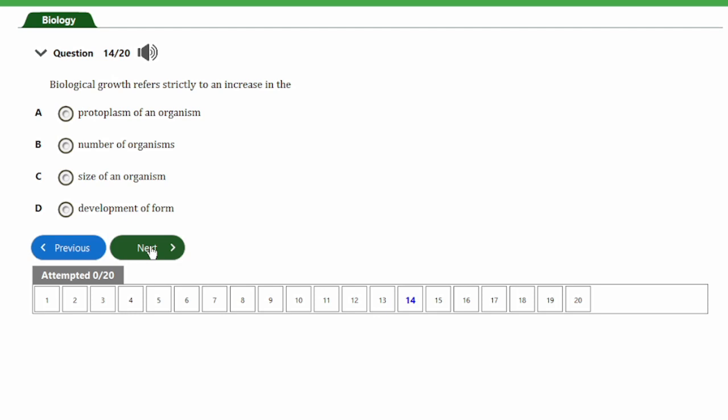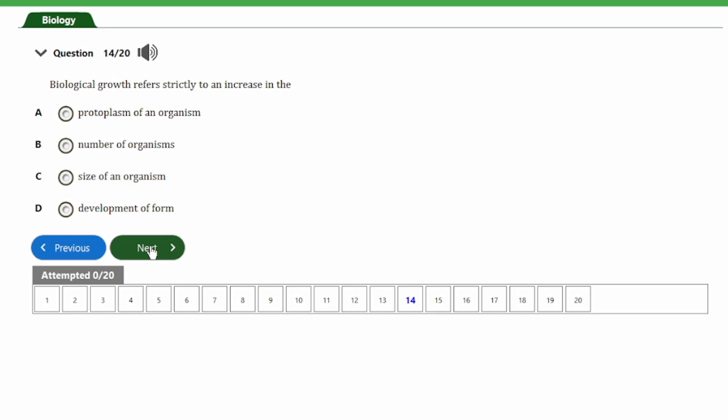So an increase in the protoplasm leads to an increase in the cell size and number. So it's important for us to understand that growth is always seen from the basis of the cell, that's the protoplasm in other words. So in growth, we consider cell division, that's division of the protoplasm, if we have to put it in that manner.